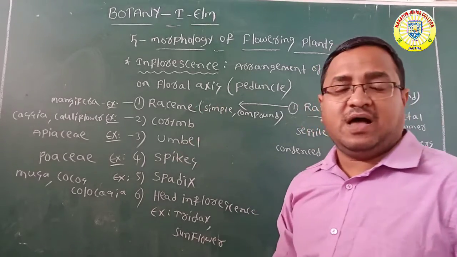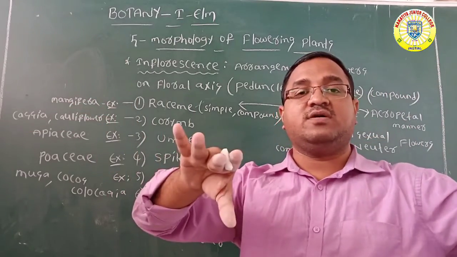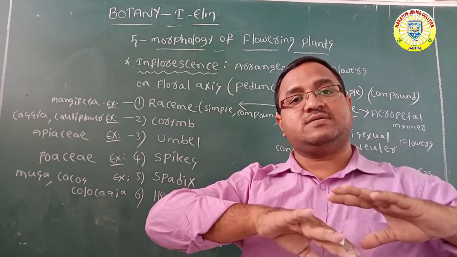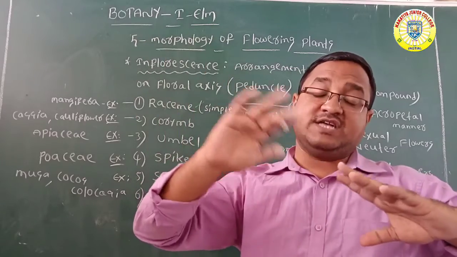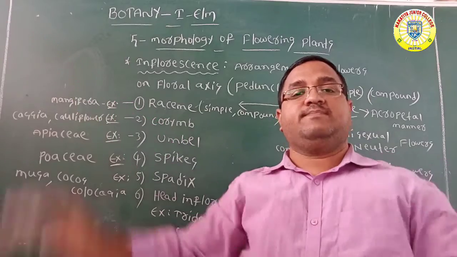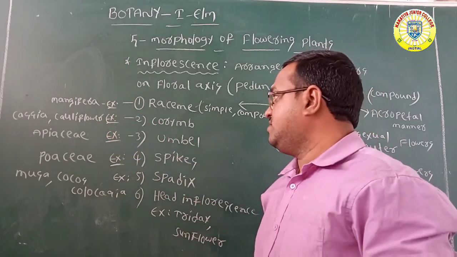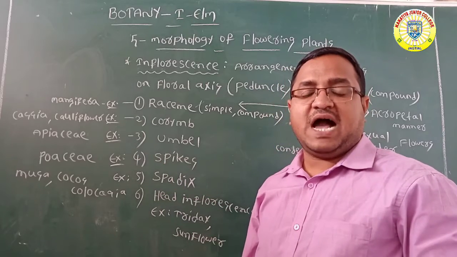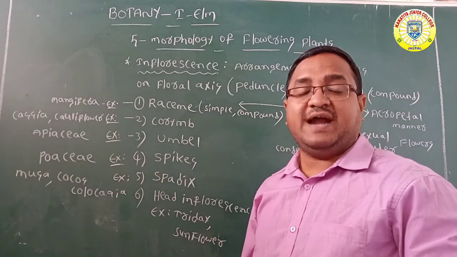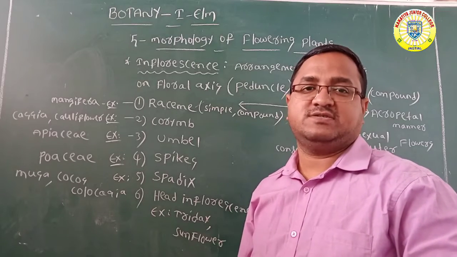Corymb means all the flowers are brought to the same height because of the varied length of pedicels. These pedicels are arranged from different nodes, but they are brought to the same height. Best examples, cassia, cauliflower.